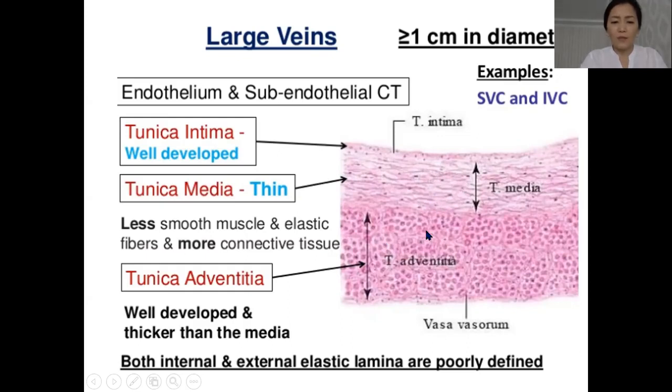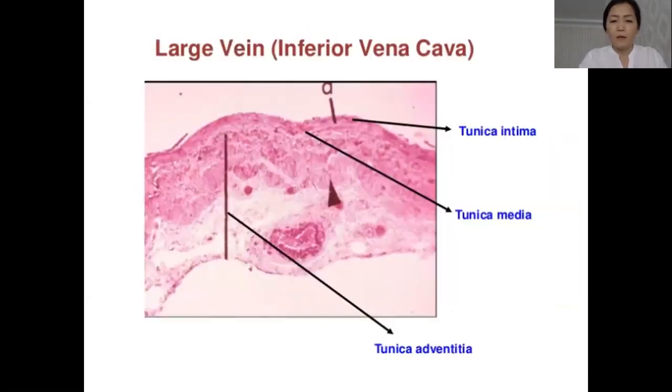The tunica adventitia, we said, is well developed, thicker than the media, and the vasa vasorum is present here. For example, the inferior vena cava can be a large vein. Look: tunica intima, then thin tunica media, but thick tunica adventitia with vasa vasorum. Also, pay attention that smooth muscle cells can be present in the tunica adventitia.